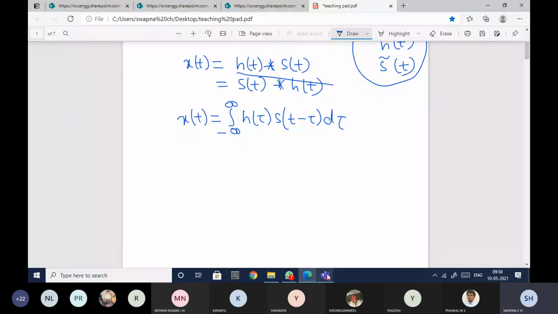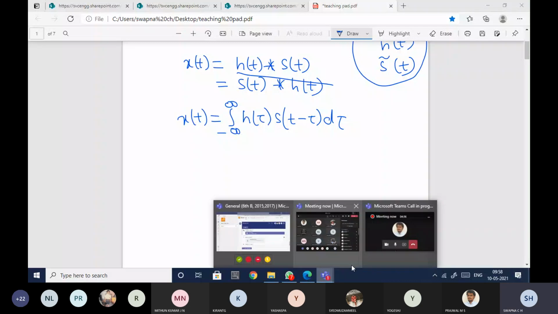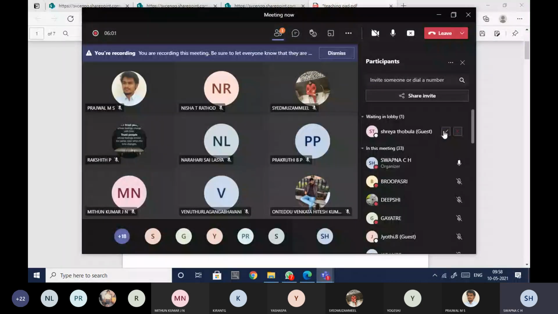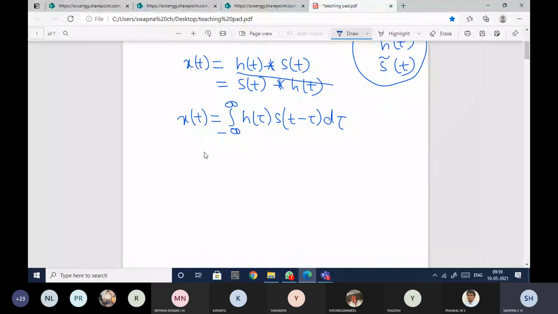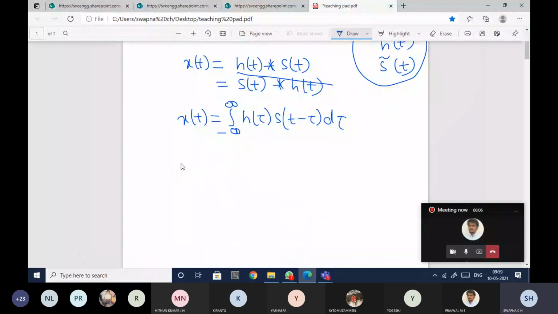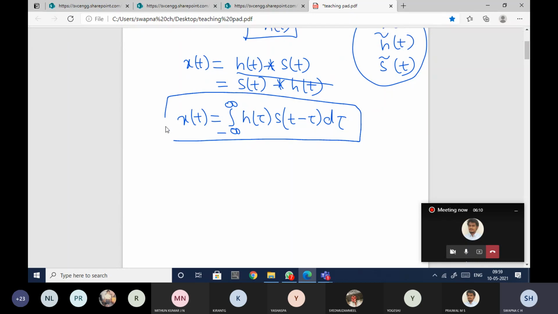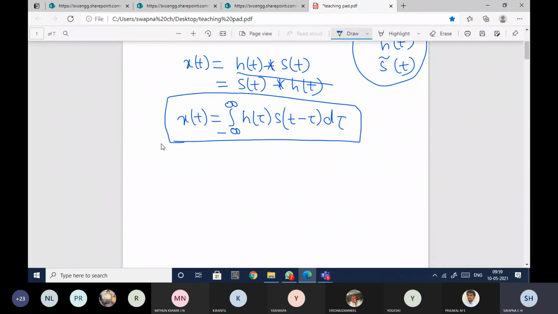Okay, so X of t is this. This is what we have already seen from very basic signals and systems, and also in DSP. But here, if you observe, it is giving the relationship between X of t, H of t and S of t.